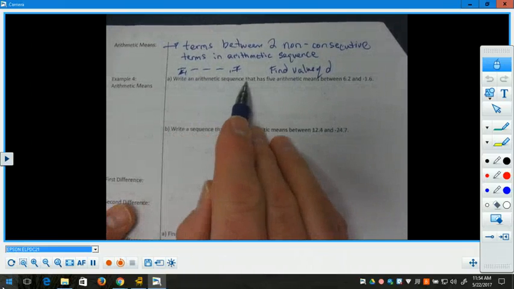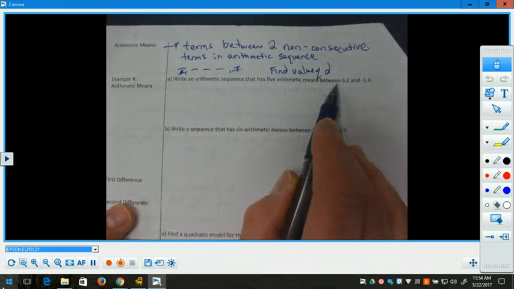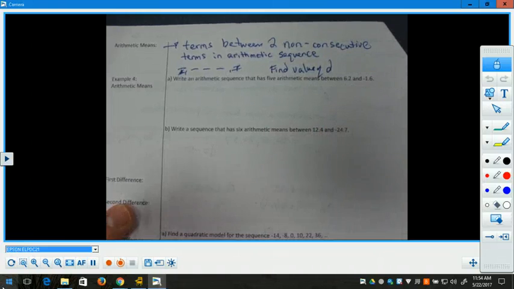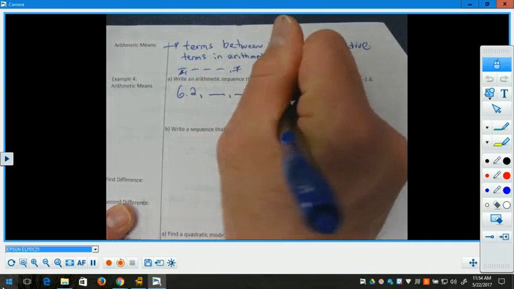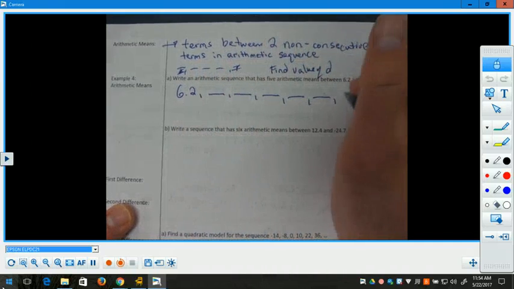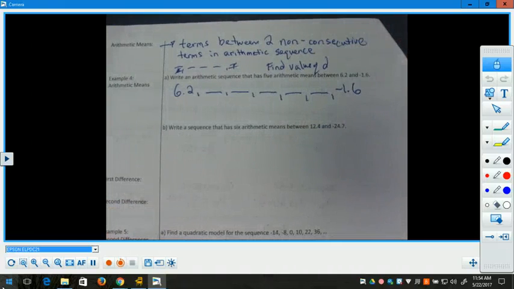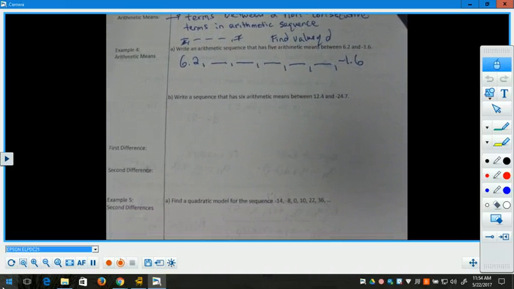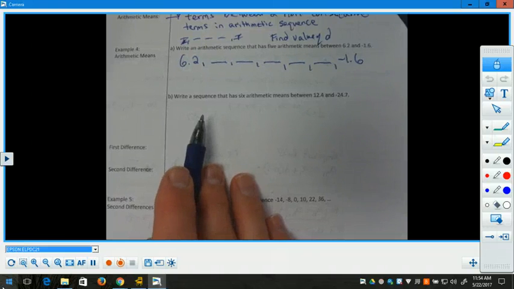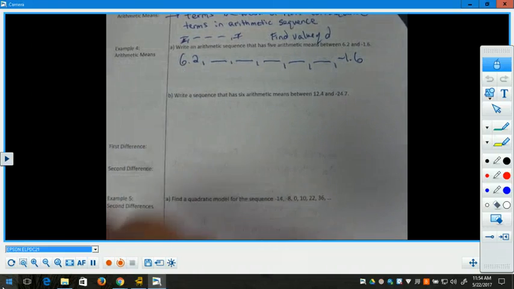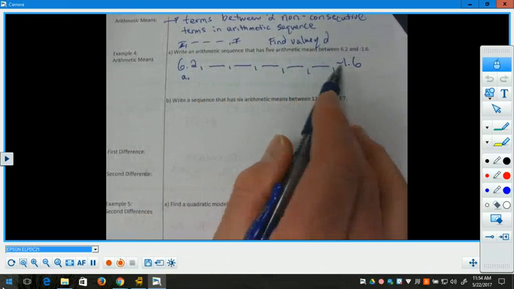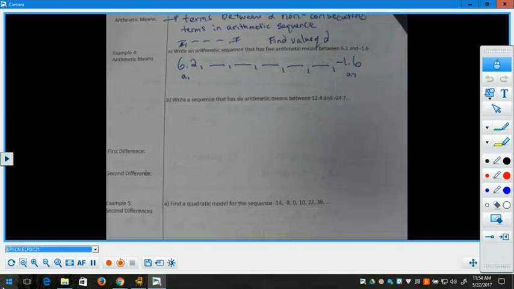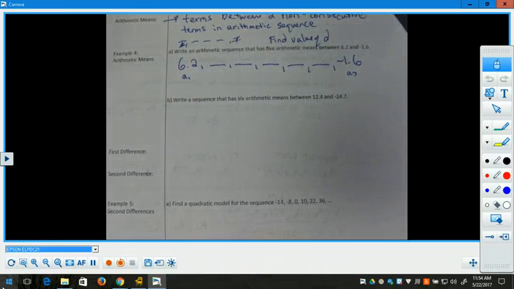So write an arithmetic sequence that has 5 arithmetic means between 6.2 and negative 1.6. 6.2, 1, 2, 3, 4, 5 spaces, negative 1.6. Now, I don't know where they fit in the sequence, but for our purposes, I'm going to pretend that this is a sub 1, and that makes this 2, 3, 4, 5, 6, 7, a sub 7. Using the explicit rule, I can find the value of d.